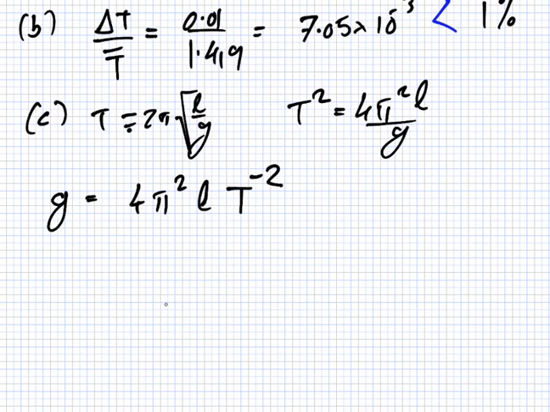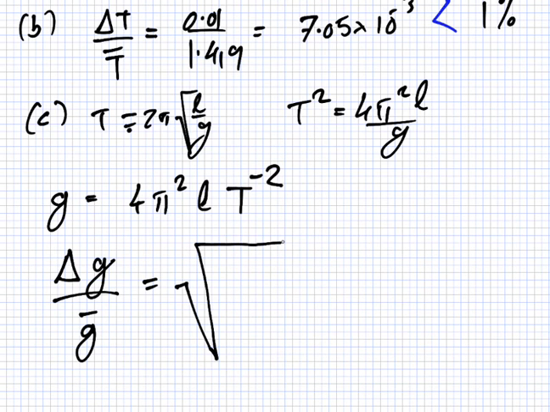So then we have this formula: delta G over average G equals the square root. There's no uncertainty in this constant, so we don't consider it. The L is a power, so let me write it as 1.